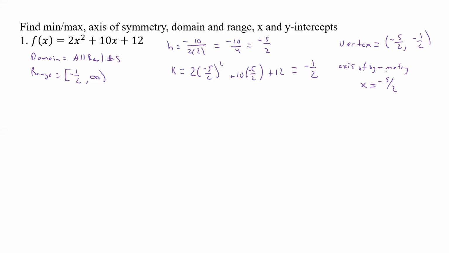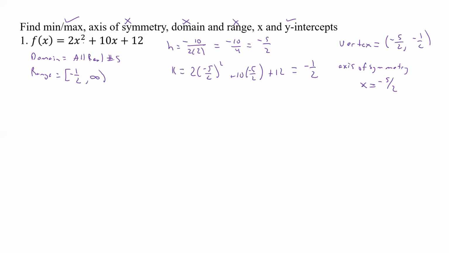Okay, so we kind of have it, and it's just because we got the vertex from there. All right. So what's the next thing we need to do? We have axis of symmetry taken care of. We got the domain and range. We got min and max and x and y intercepts. So, okay, that works.